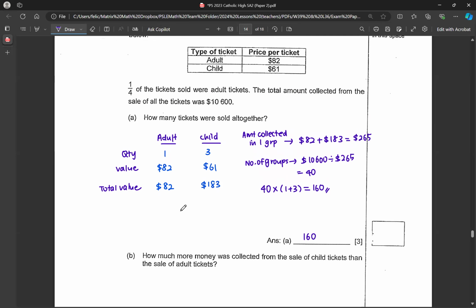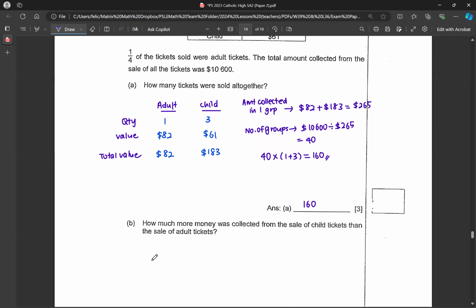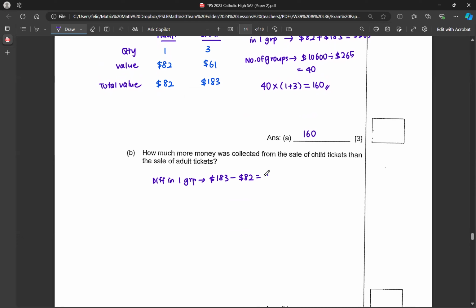So the difference in one group will be $183 minus $82. That's what we look at first. The difference in one group is only $101.